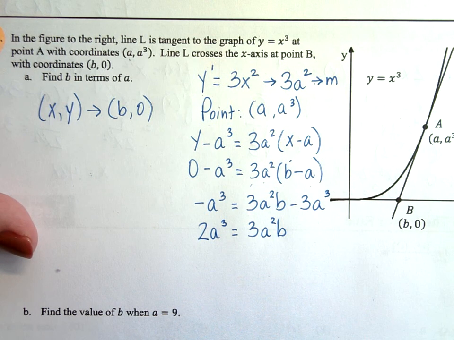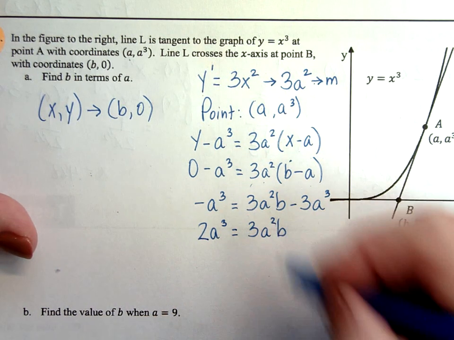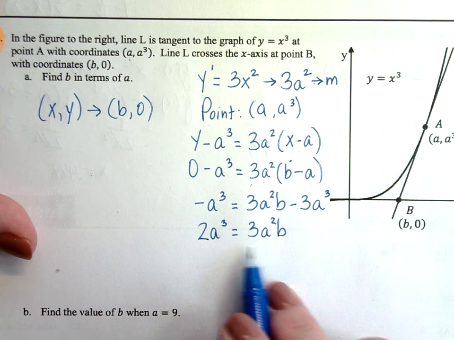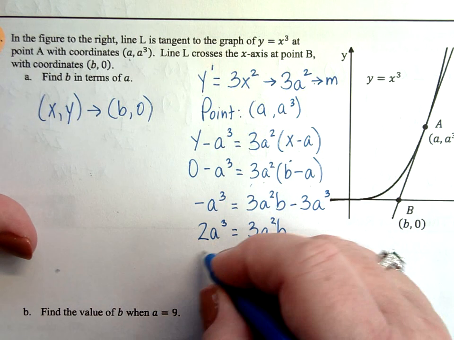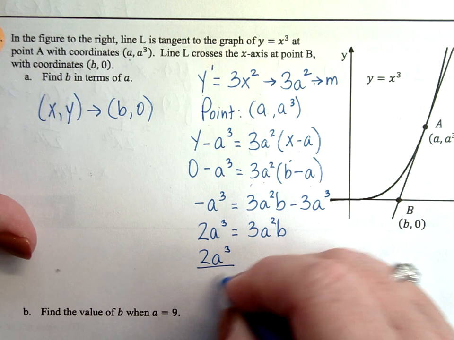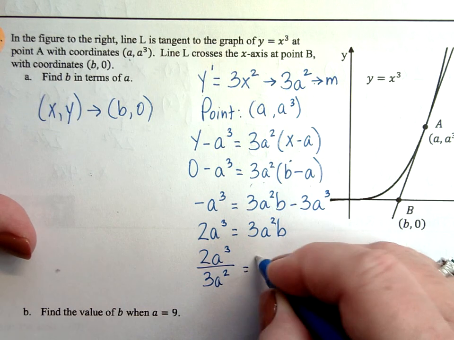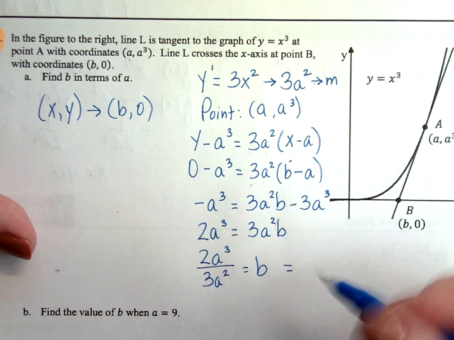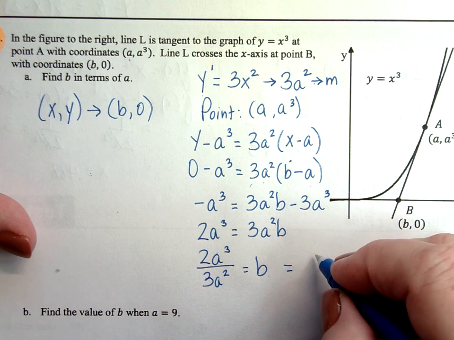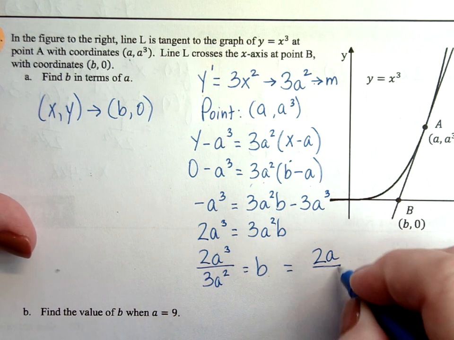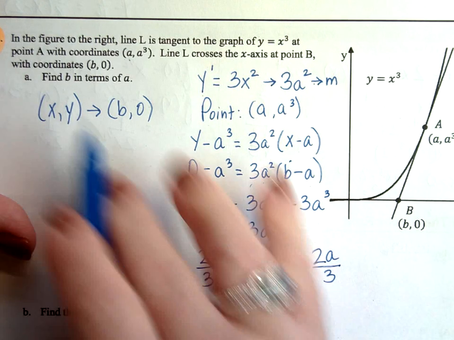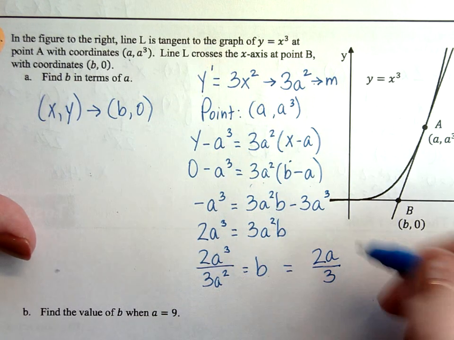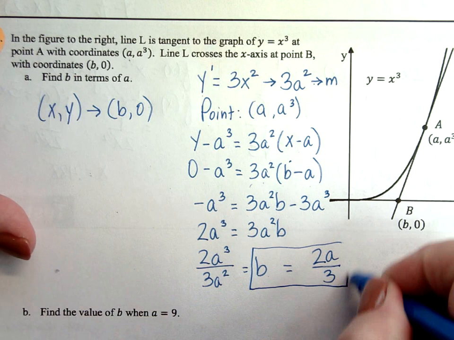And you want to solve for b, get the b by itself. So you're going to divide out the 3a squared. That's going to give you 2a cubed over 3a squared equals b. And then you're going to divide out the a's, simplify them, so you have 2a over 3. Have you solved for b in terms of a? And you have. Here it is. b equals 2a over 3.